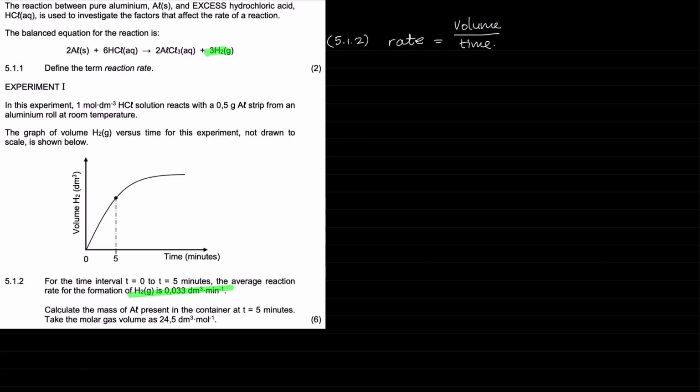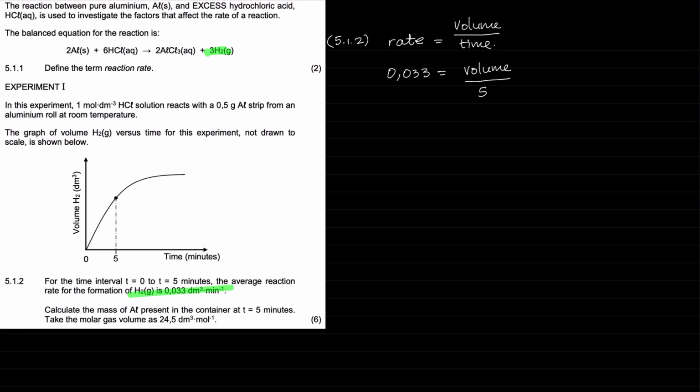They've given us the rate: 0,033 equals the volume divided by the time, and the time is t0 to t5, so that is a total of 5 minutes.